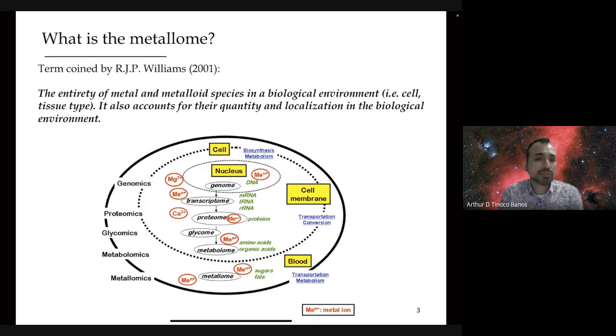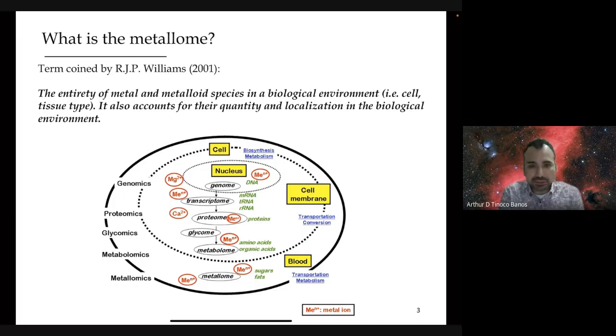When we're talking about the metallome specifically, this was a term coined by R.J.P. Williams, 2001, and it focuses on the entirety of metal and metalloid species in a biological environment: cell, tissue type, organ. It also accounts for their quantity and localization in the biological environment.